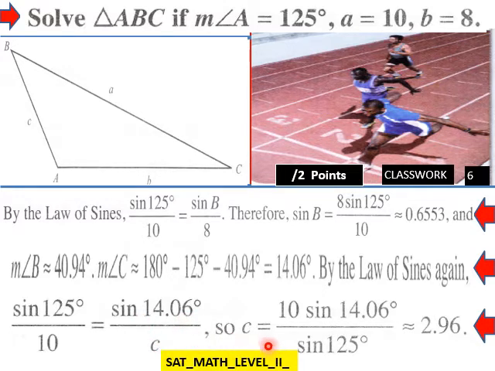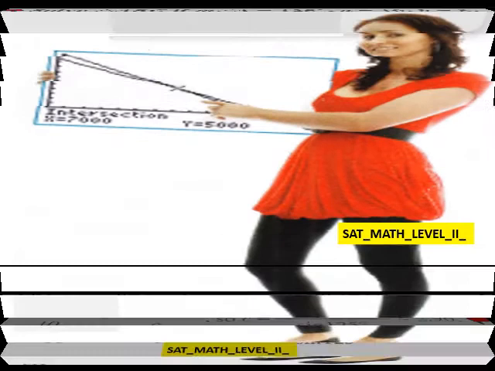So c will equal 10 sine 14.06 over sine 125, which comes out to 2.96 for the measure of this side. So we have to use the law of sines twice in a situation like this to completely solve the triangle, coming up with all the side lengths and the angle measures.